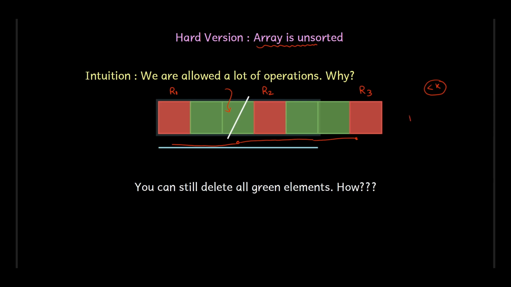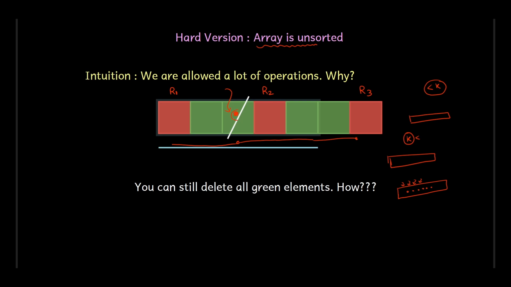Once you do that, the window that you have created, we have already concluded earlier that no matter what window you create, since there are less than k red elements in the original array of the sorted version, then no matter how big of a window you create, if you create a very big window, then you might end up selecting all the red elements, and in that case the kth smallest element will be a green one, so you can delete this element.